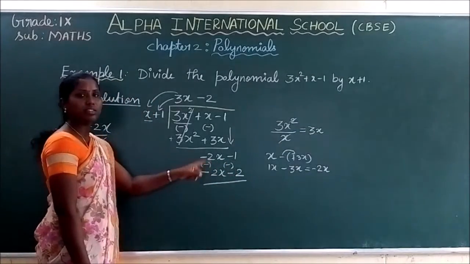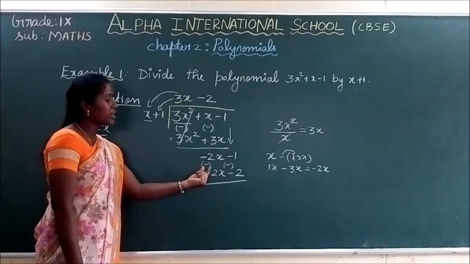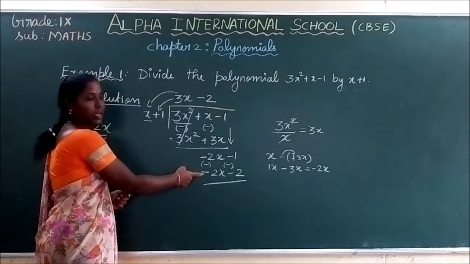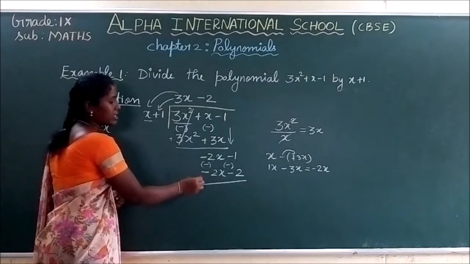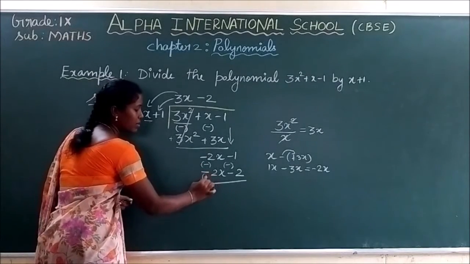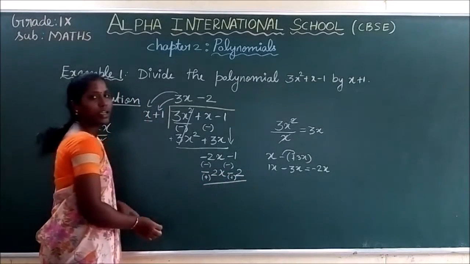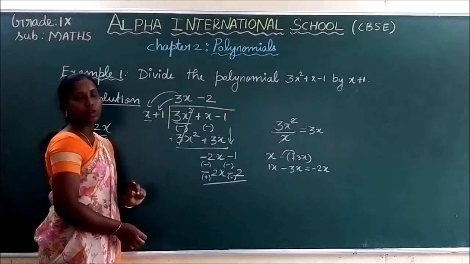Be careful while changing the sign. Already I told that while subtracting, the sign should be multiplied with the second term. So minus into minus, what will it become? Plus. Here also minus into minus will become plus. After changing the sign, you solve the problem.